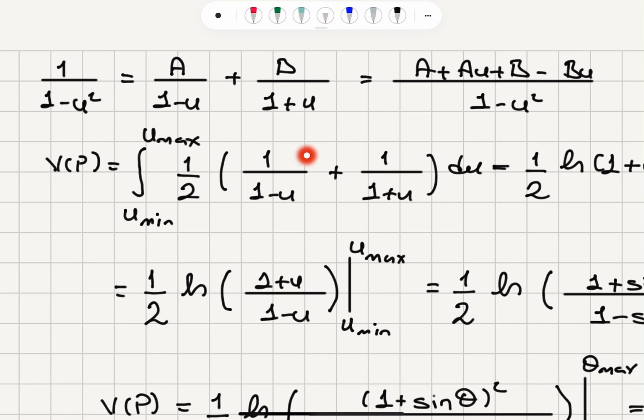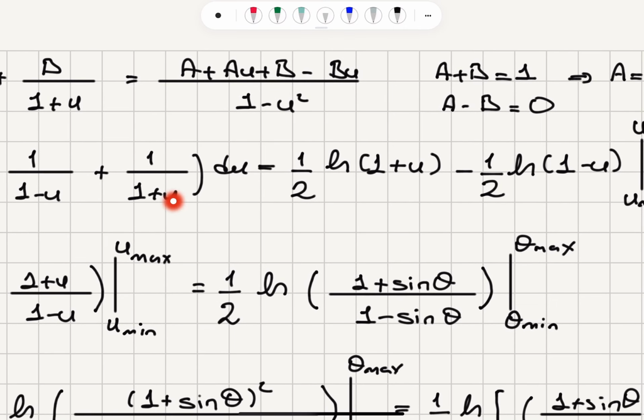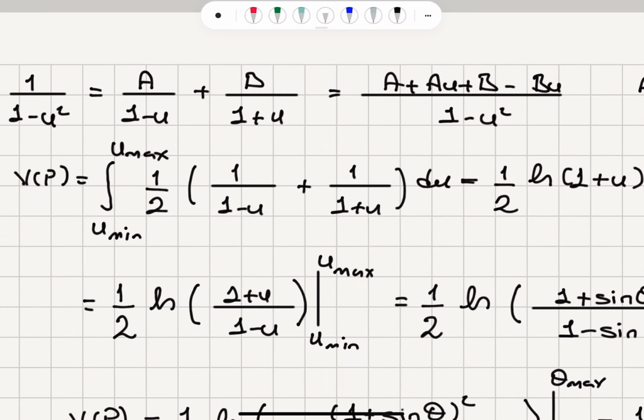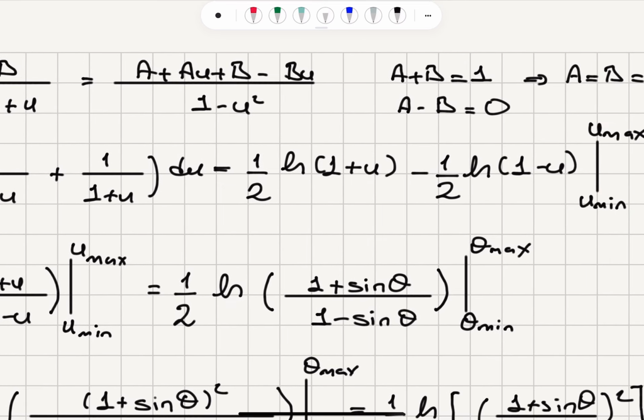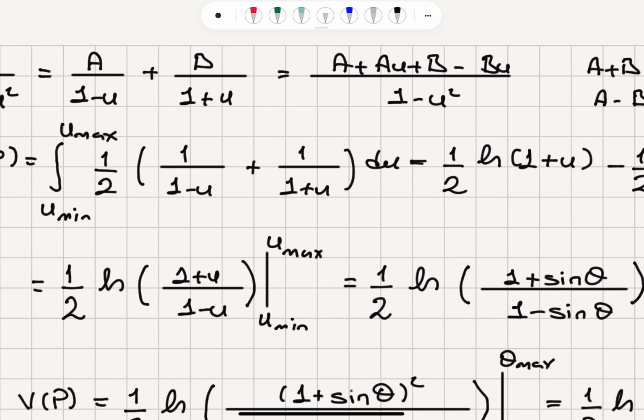So now I can recognize this integral as minus natural logarithm of 1 minus u, and this integral is plus natural logarithm of 1 plus u with the 1/2 in front. So this will be evaluated between u min and u max. Since I have a minus sign with the common factor 1/2 here, this is natural logarithm of 1 plus u over 1 minus u.